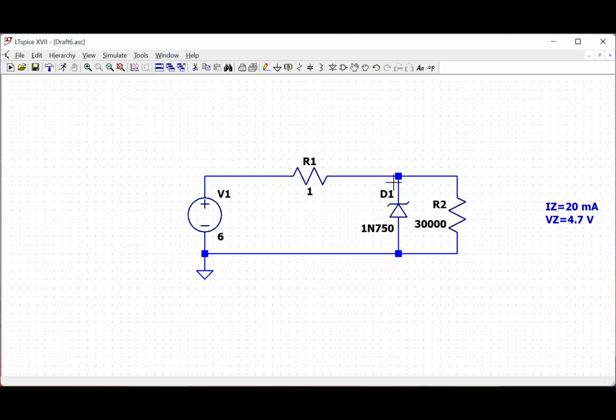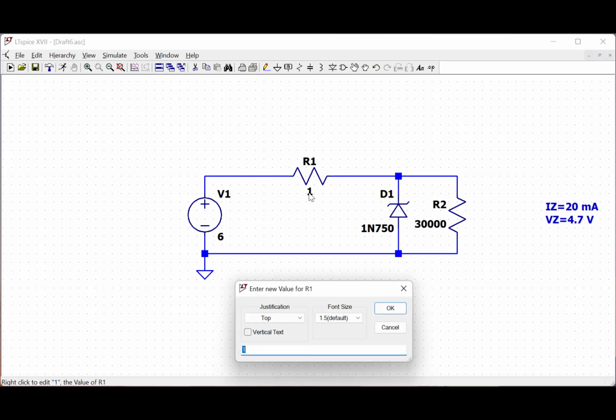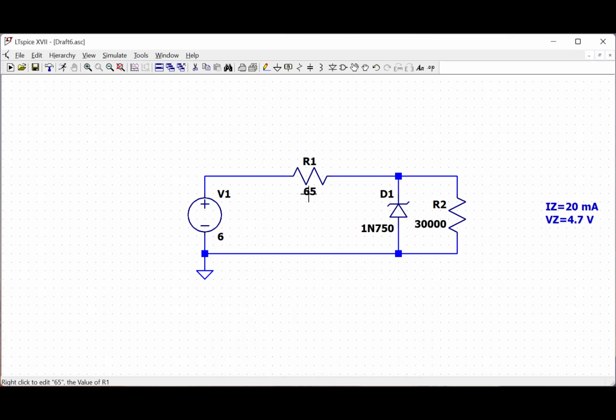If I look at the datasheet, when the Zener diode is supposed to have a 4.7 volt Zener voltage, its typical current has to be 20 milliamps. So the calculation is quite simple because we have 6 volt at the input, 4.7 volt at the output, and I need the current on this resistor R1 to be equal to 20 milliamps. If I do the math, it's relatively simple to find out that the value of the resistor has to be equal to 65 ohm.